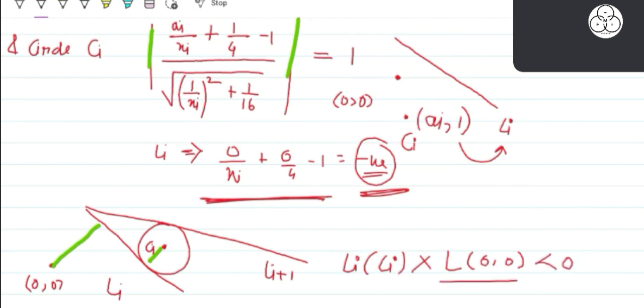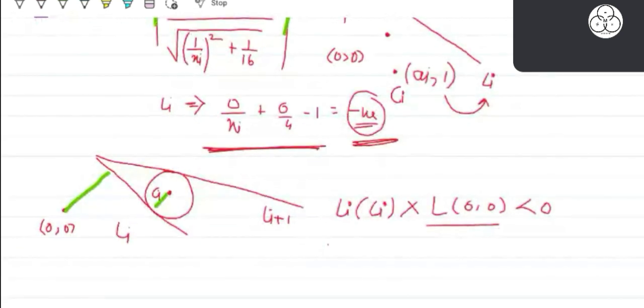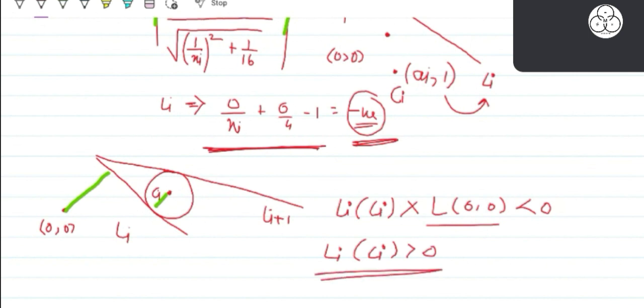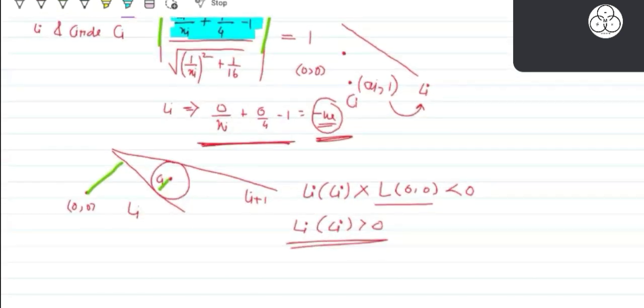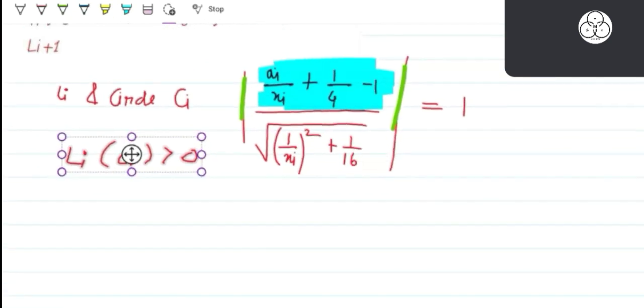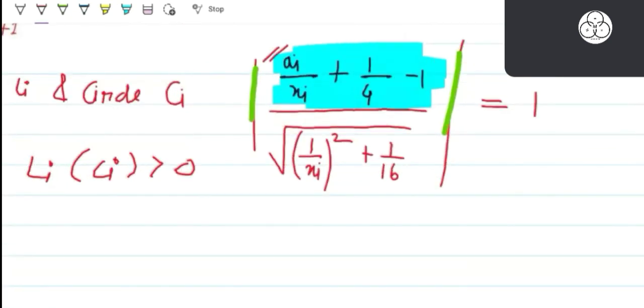This value is negative, which implies that Li(Ci) is greater than 0. So we can conclude this value will be greater than 0.